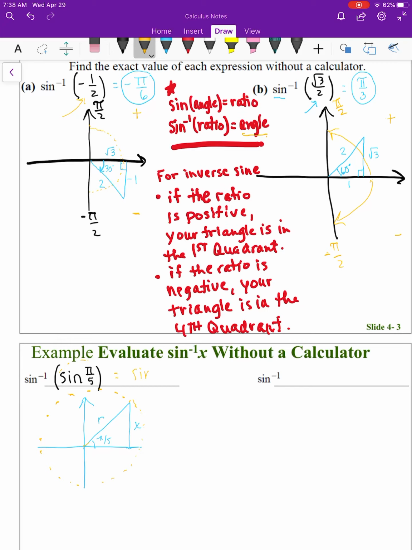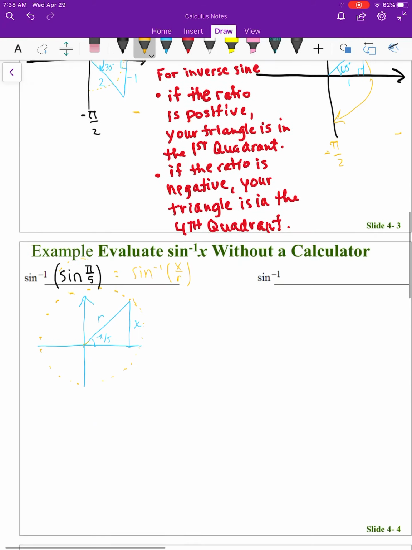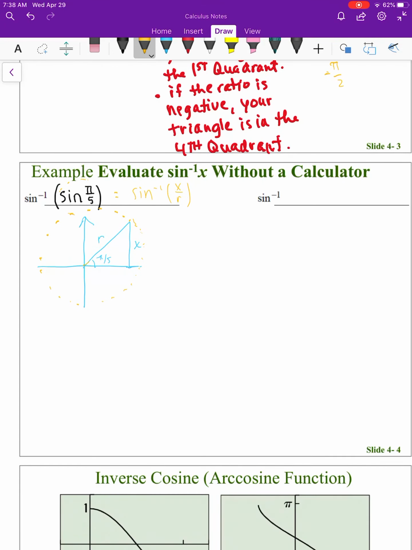So we're taking this as a ratio, and we've just decided that that ratio was x over r. We already drew it, though. It's right here in the first quadrant where pi over 5 is. And so the answer to the inverse sine is going to be pi over 5.